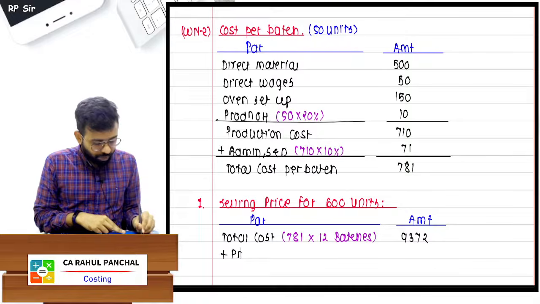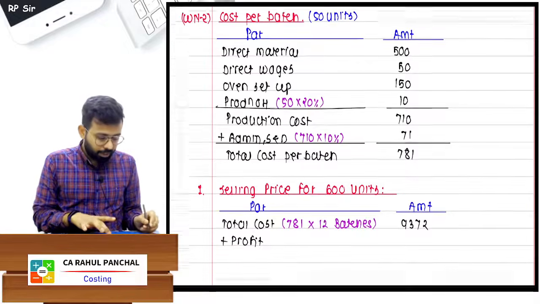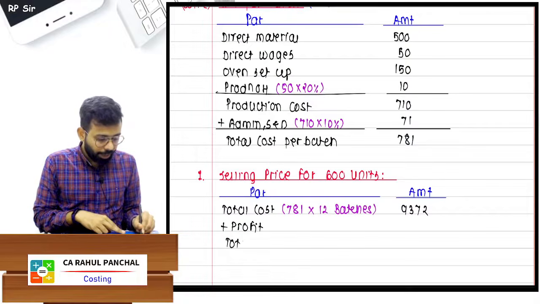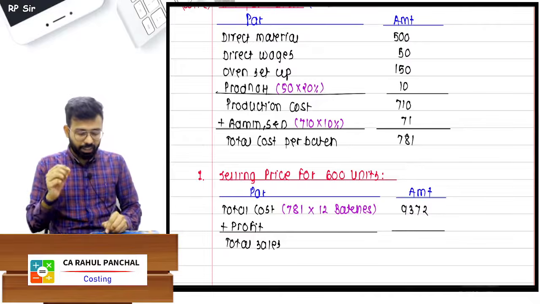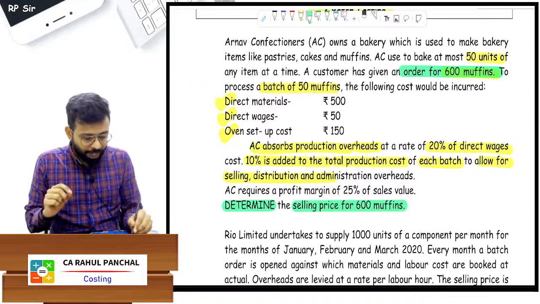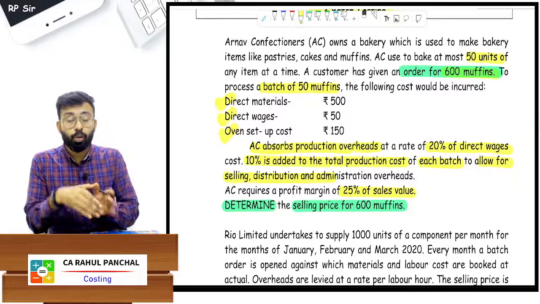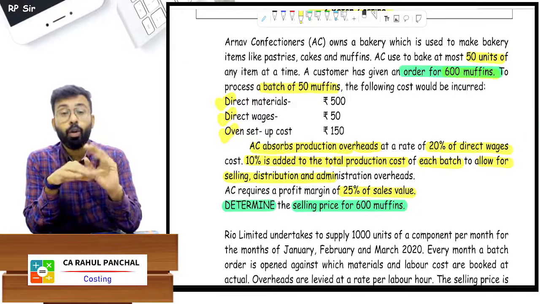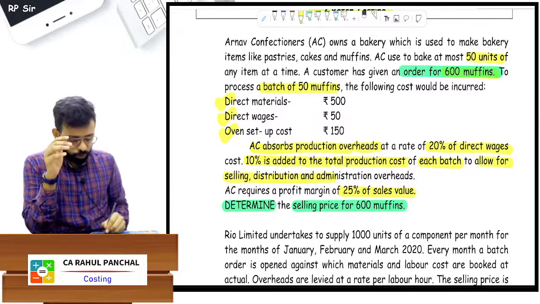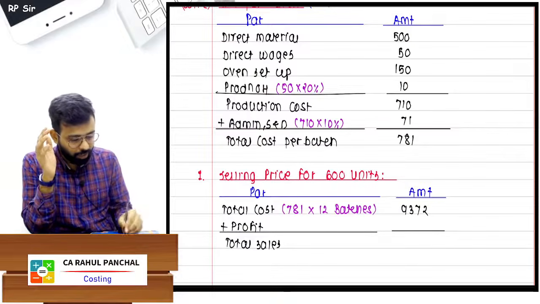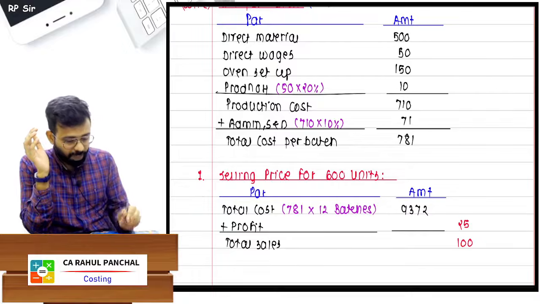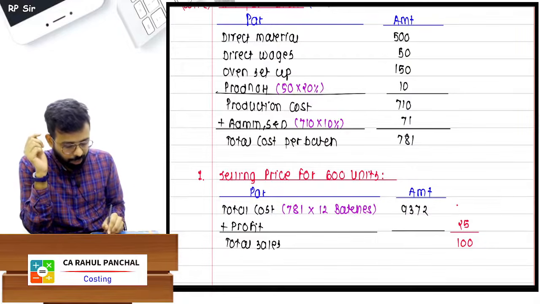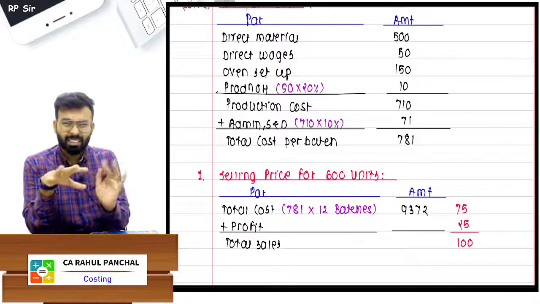After that, obviously you will add some profit to that, and then you will arrive at your selling price, which is your total sales. The ratio of profit is given in the question, and that is 25% on your sales value. If your sales is 100, you want to earn 25 rupees as profit, which means your cost will be 75. It is as simple as that.